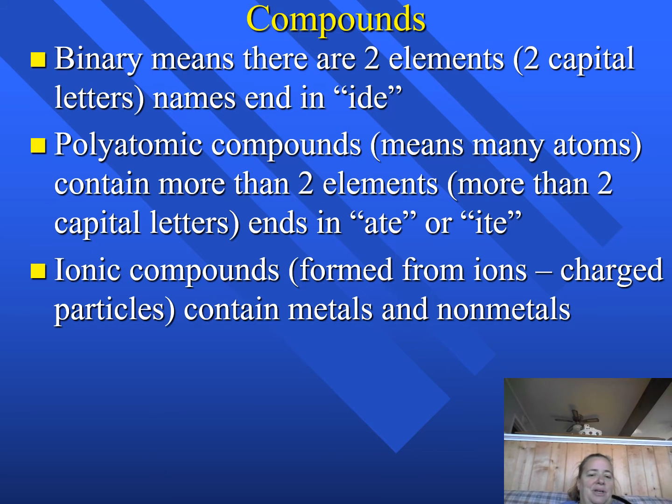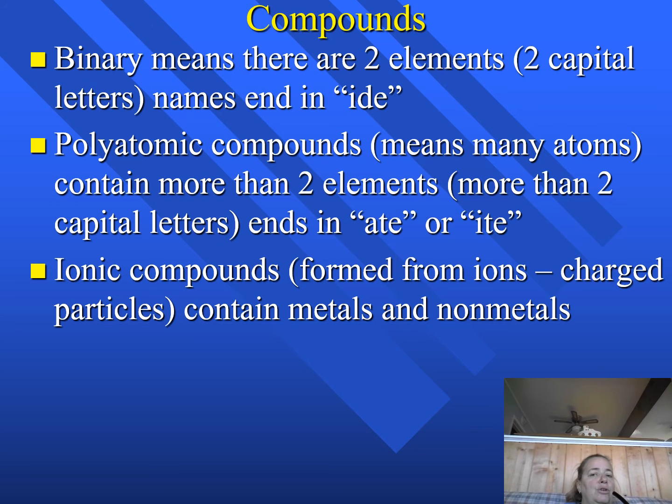Okay, so poly means many, so polyatomic means many atoms. So it means that it has more than one atom of more than one element. So if it's a polyatomic compound, then it's going to have more than two elements in it.